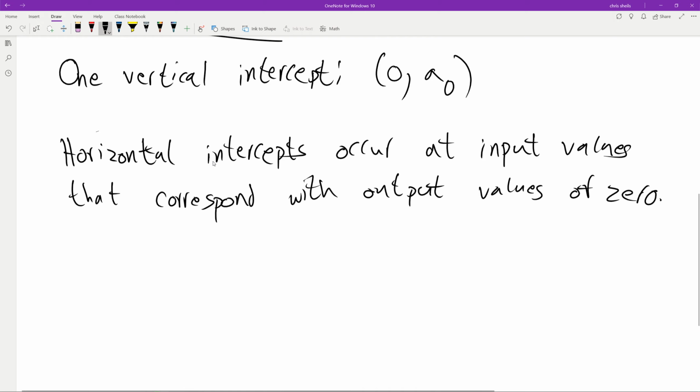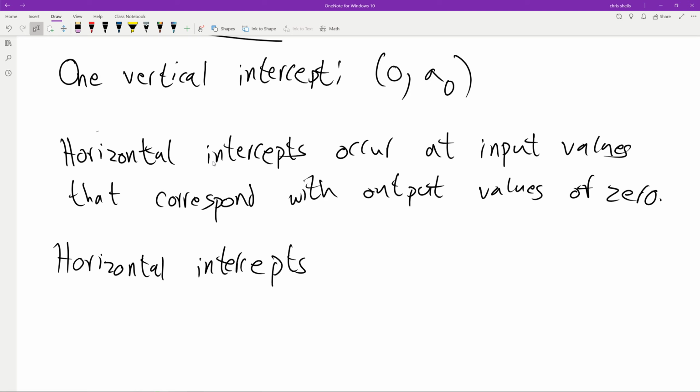So horizontal intercepts are also called zeros or roots.